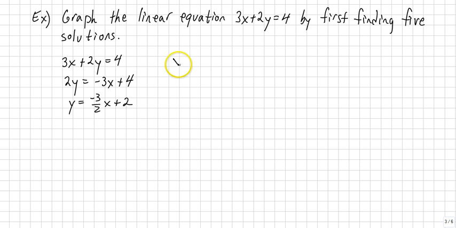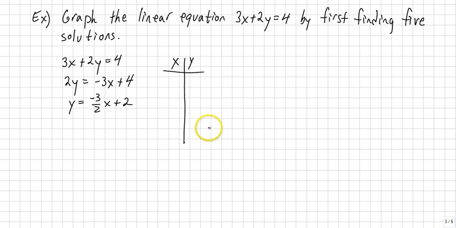So we like to keep our solutions organized. So typically we create what's called a t-chart, where x is on the left-hand side and y is on the right-hand side. The x values represent the domain and the y values represent the range. And there's an infinite number of x values possible for this equation, and therefore an infinite number of y values that go with them.